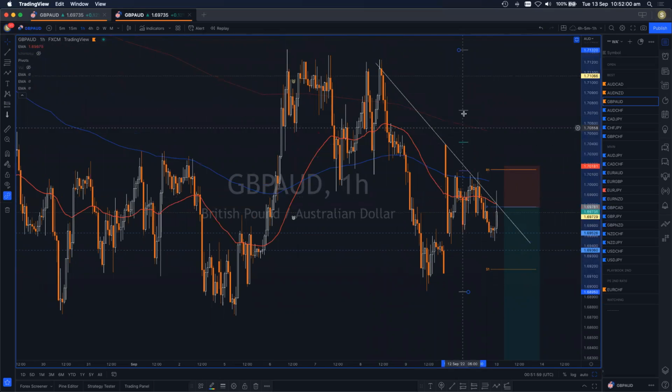Okay, so with the fib, we've got 382 lines up here, close to the pivot and close to 1 hour 50. That looks pretty good. Looks like it might be off already, but hopefully we'll get another pullback, and maybe that could be a trade worth looking at very soon. By the time you watch this, it'll probably be moving somewhere or other. Okay, that's Pound Aussie, that's an interesting one.